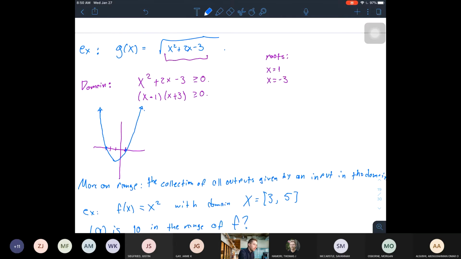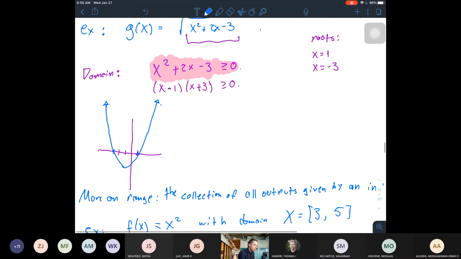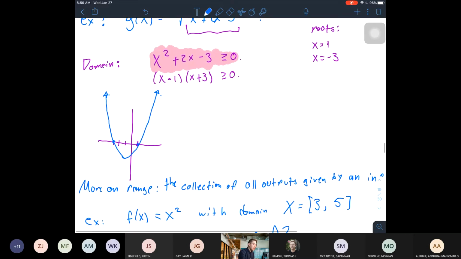And now if we want to find the x values for which our function takes values which are larger than 0, well, I just need to find all of the locations on the x-axis which result in my parabola lying above the x-axis or on it.